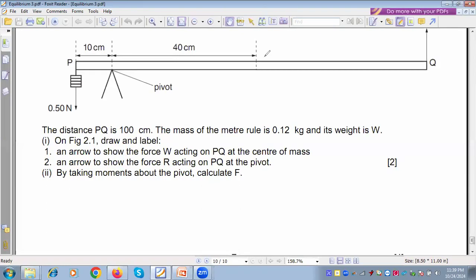So this is W, and this will be 1.2 Newton because I'm taking g equals 10 Newton per kg.